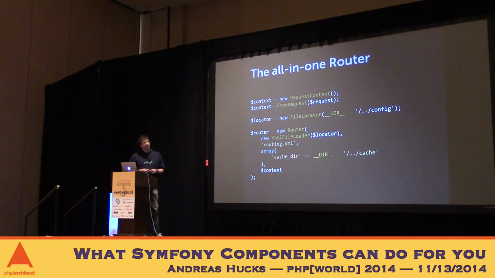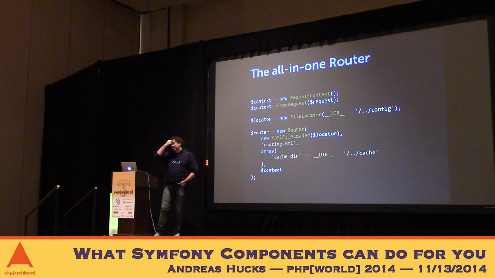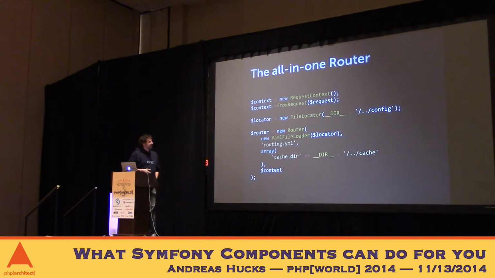And what I can do for that is use an all-in-one router. All of this can be set up manually in lots more steps, so it's very flexible. But for general use cases, there is a default router that combines a lot of functionality out of the box. One of the things it does is create a generator for you that you can use.